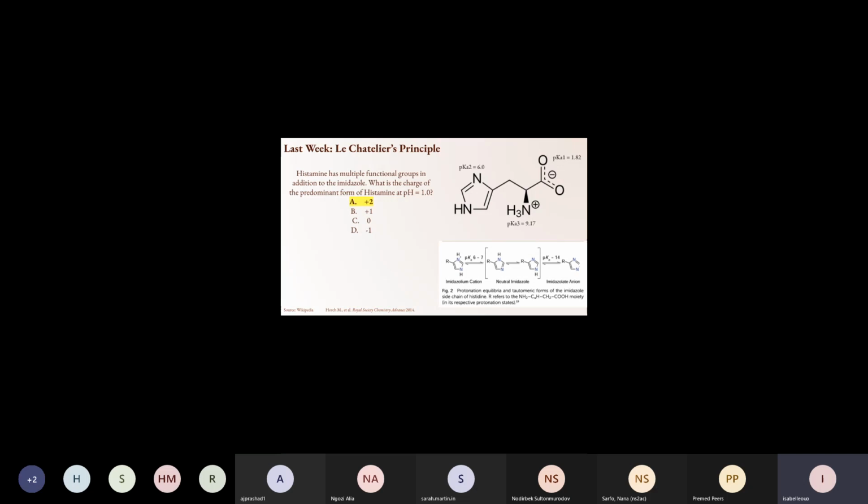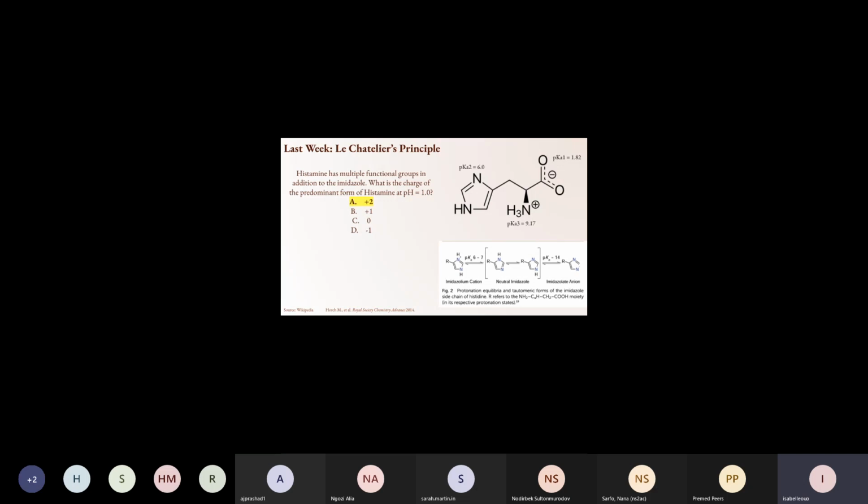And I wrote down how I think about the relationship between pH and the pKa here. Let me double check one last thing, and then we'll protonate it. When the pKa is larger than the pH, there's more proton.